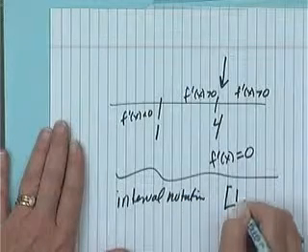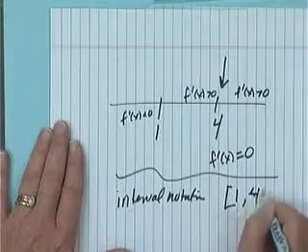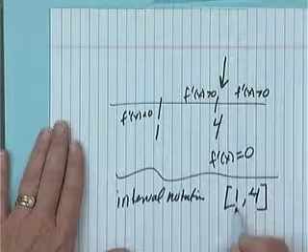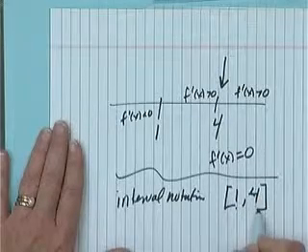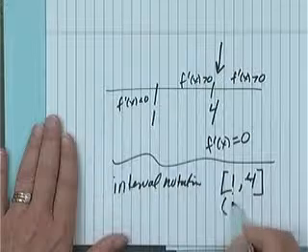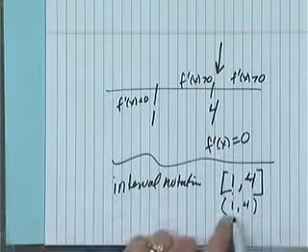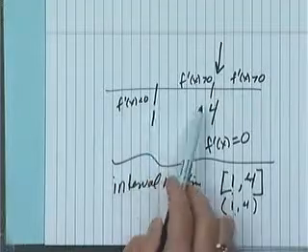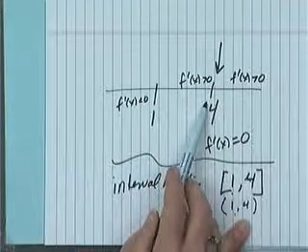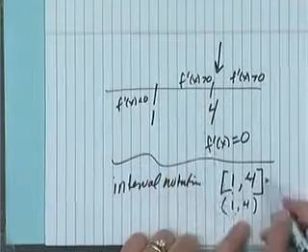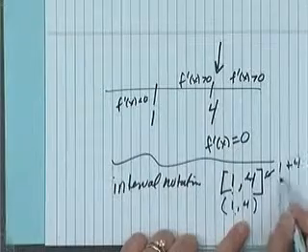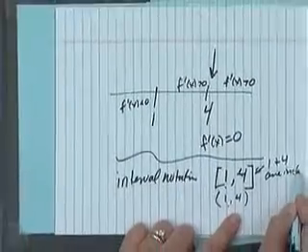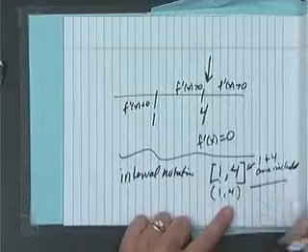If you did square bracket 1 to 4, that means the 1 and the 4 are included. If you use parentheses on 1 and 4, it means you're as close to 1 as you can be, but it's not 1, and it's as close to 4 as you can be, but the 4 is not there. Does that help?